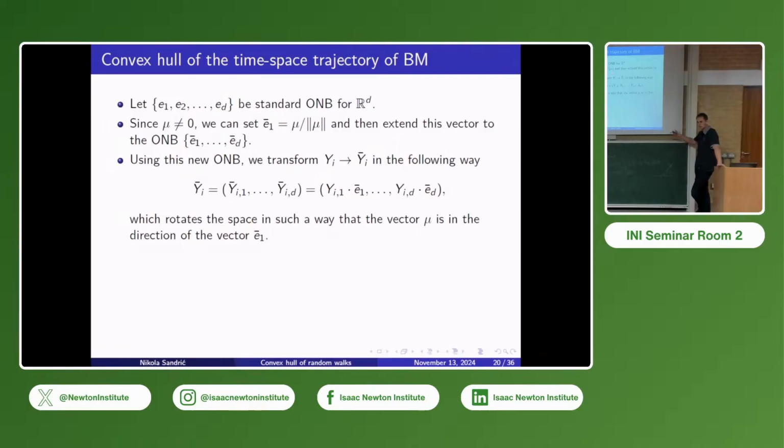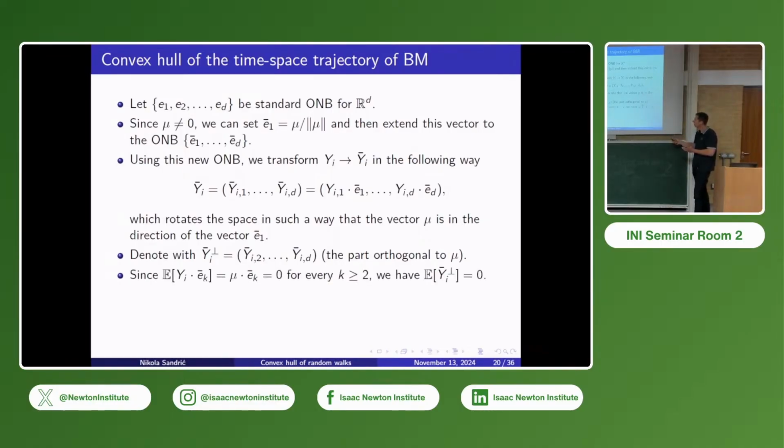We just transfer it to the new orthonormal basis. And in this way, our walk in the first coordinate will be just the direction of the drift, and all the rest will be orthogonal to the drift. All the rest have expectation 0. So we will have a d-1 dimensional random walk with expectation 0. So we are going back to the previous situation, and plus we also have this drift moving.